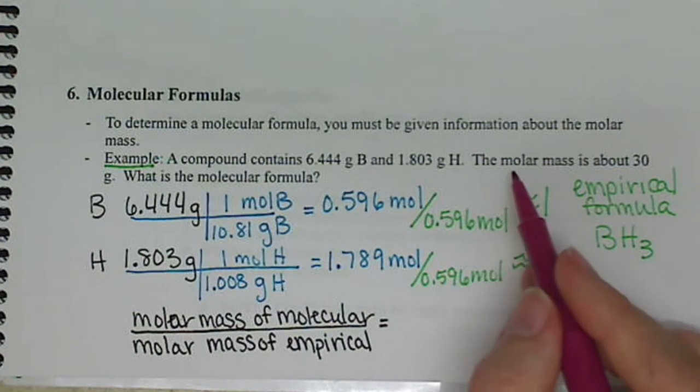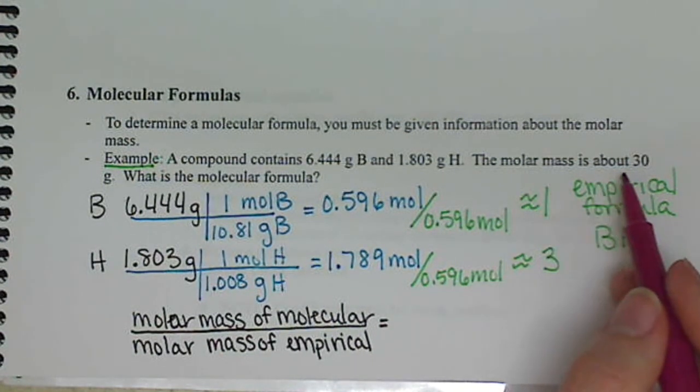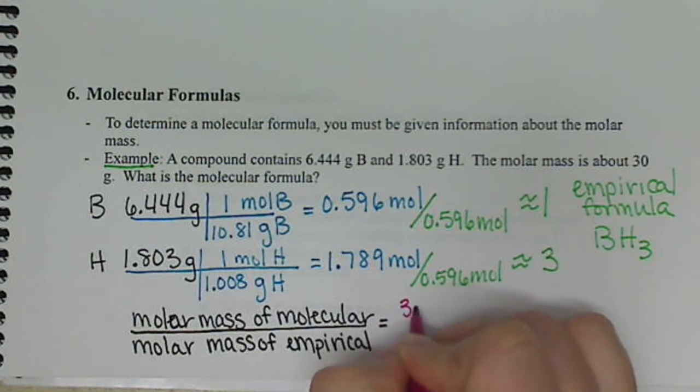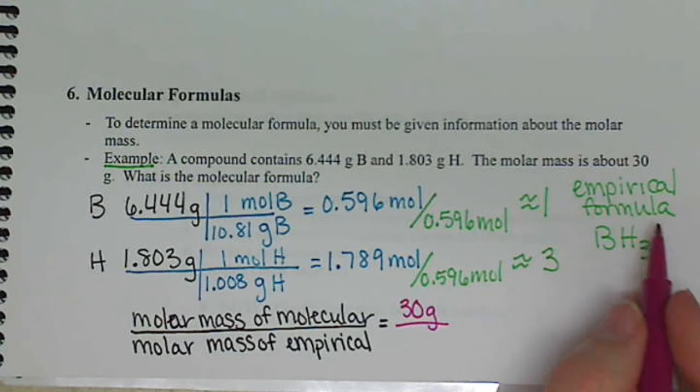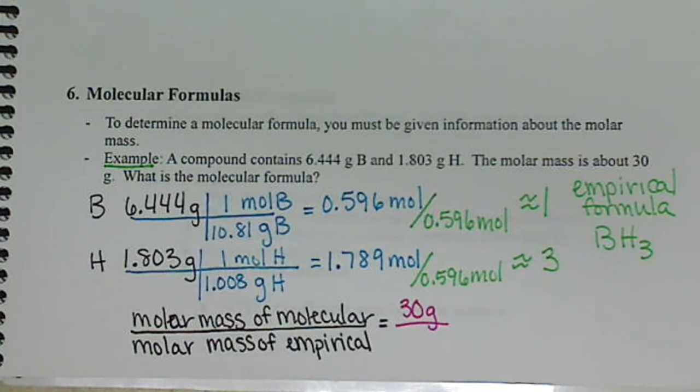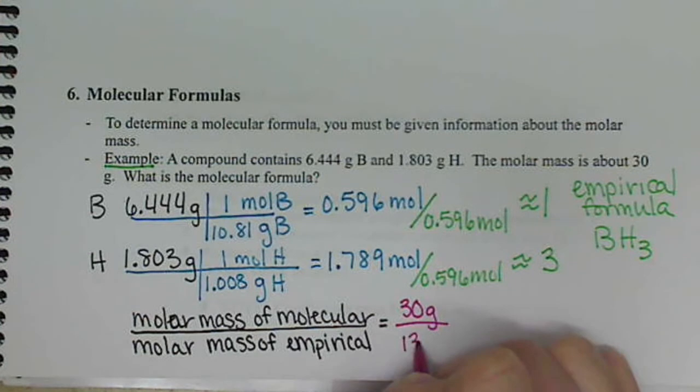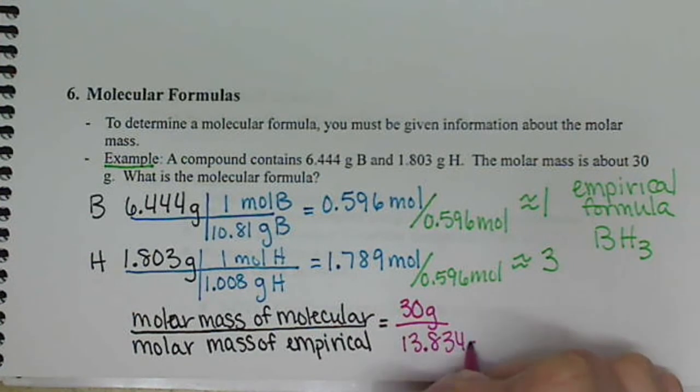We know that our molar mass of the molecular formula is about 30 grams. So we'll put our 30 grams up there, divided by our molar mass of our empirical formula. So we have 10.81 plus 3 times 1.008. And we get 13.834 grams.